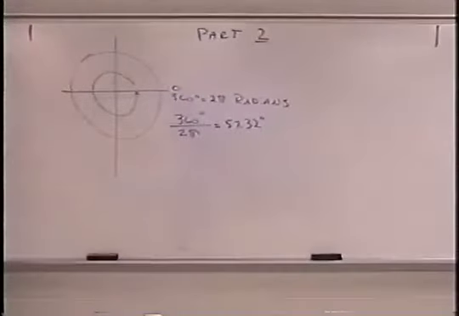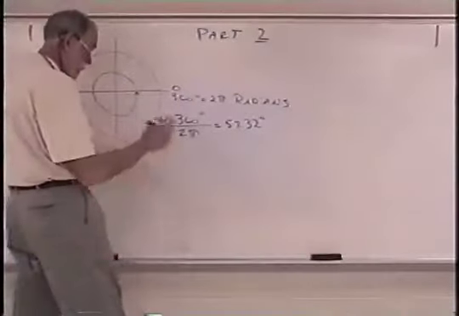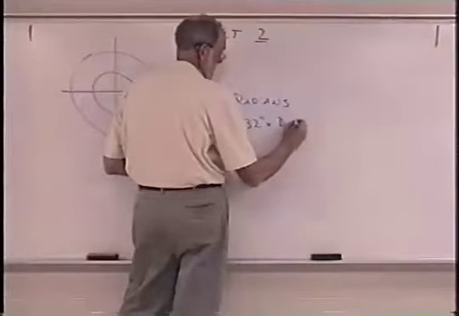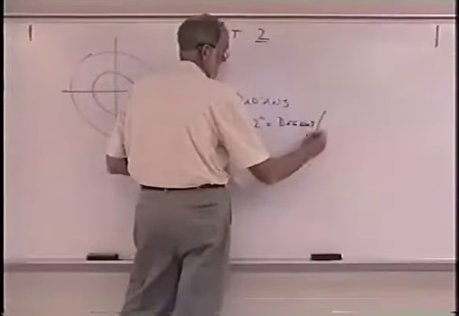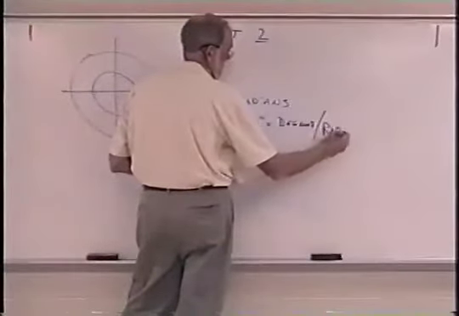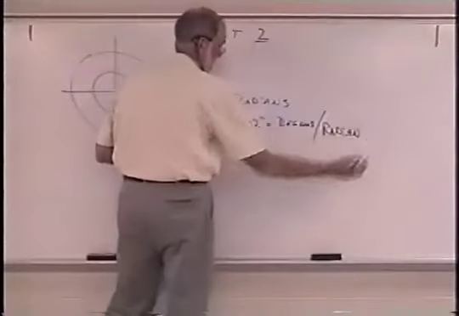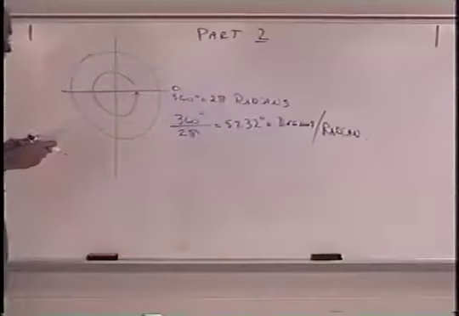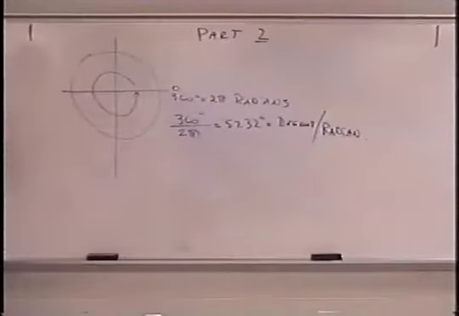So that is telling us that there are 57.32 degrees in 1 radian. Okay, so how many degrees are in a radian? Approximately 57.3. All right, we will be able to use that to our benefit later.